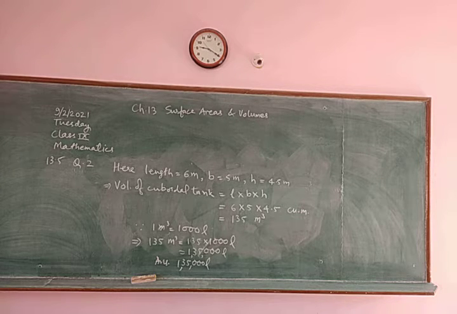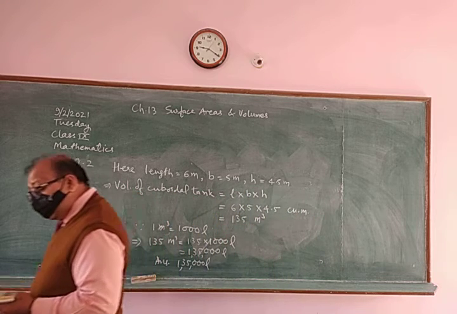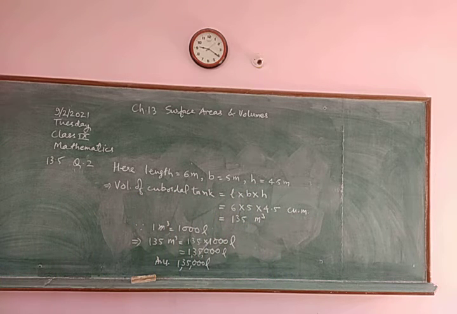Now, third question. A cuboidal vessel is 10 meter long and 8 meter wide. How high must it be made to hold 380 cubic meters of liquid?